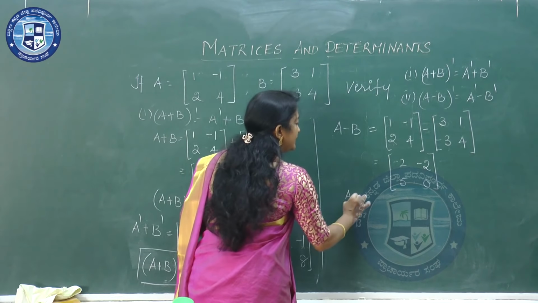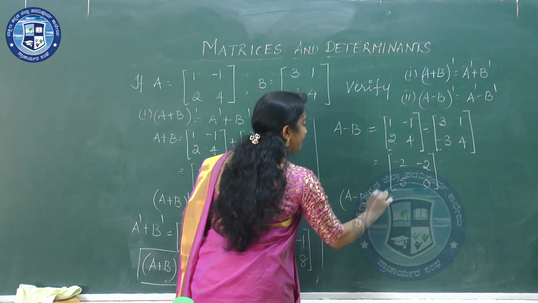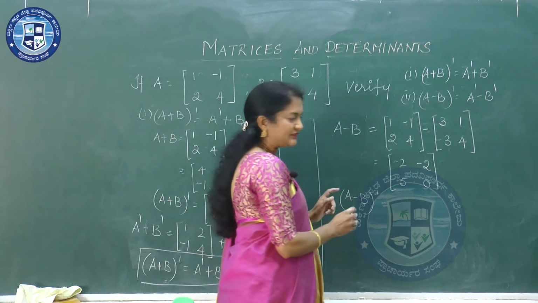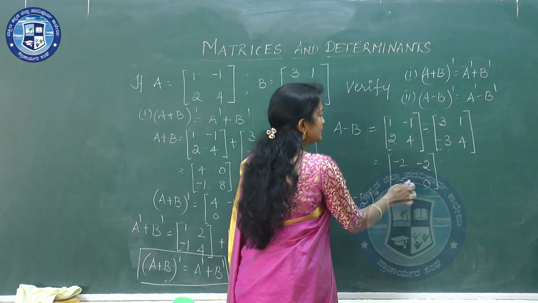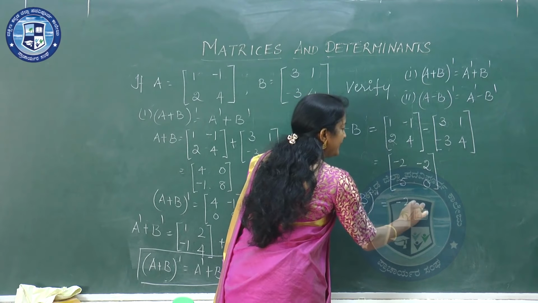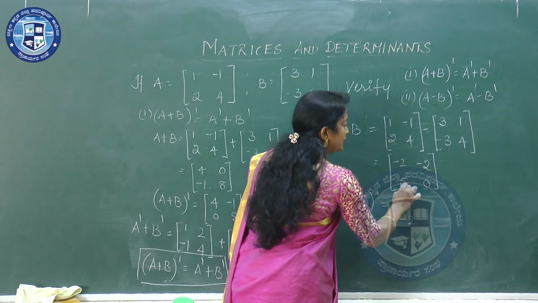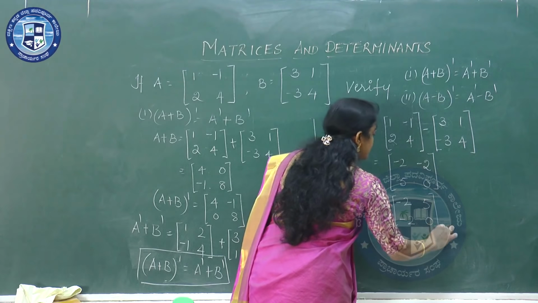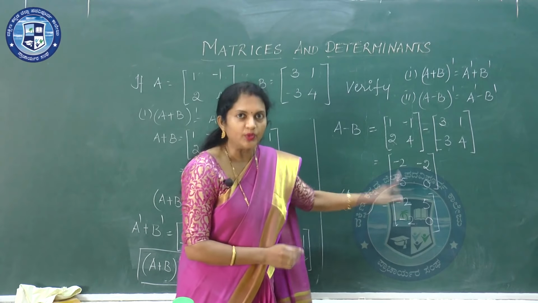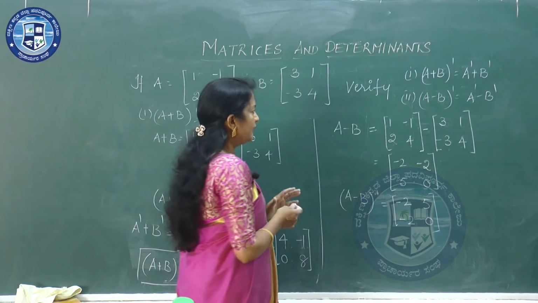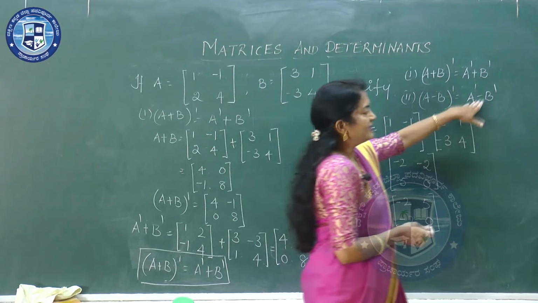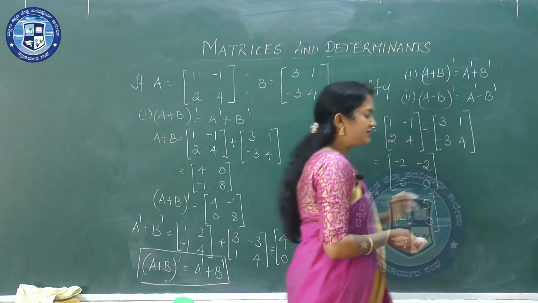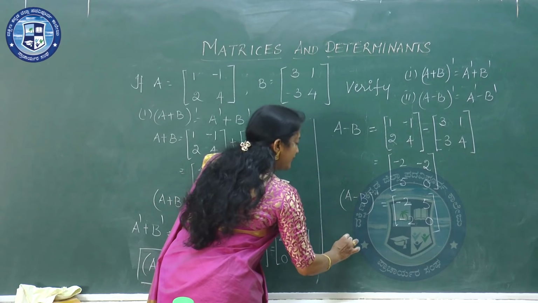Now what is (A minus B) whole transpose? We will transpose A minus B: [-2, -2; 5, 0]. This is (A minus B) whole transpose. This is equal to A transpose minus B transpose, you have to verify.